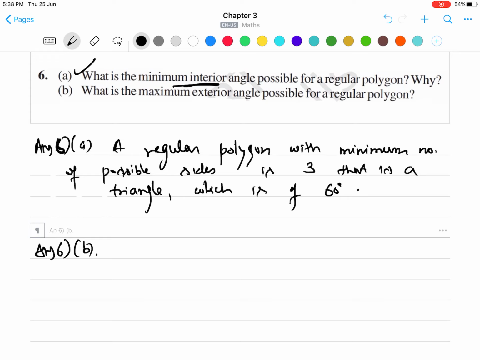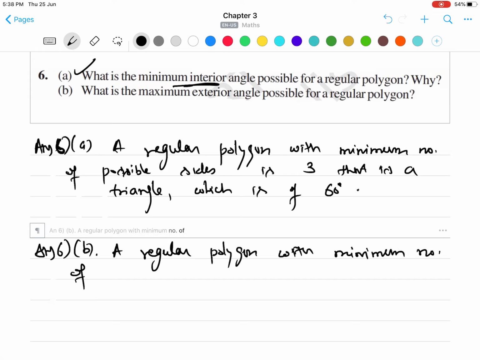A regular polygon with minimum possible number of sides is 3, that is a triangle.